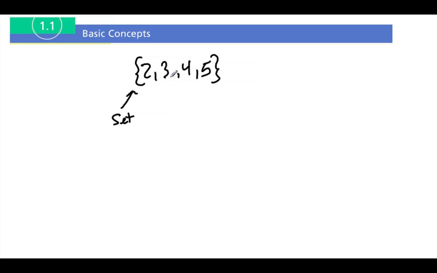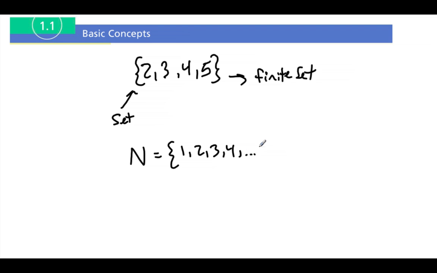Since the numbers don't go on forever, like I only have 2, 3, 4, 5, this right here is going to be called a finite set. Okay, and I'm going to show you what an infinite set looks like as well. So say I had a capital N. The capital N means the natural numbers, which are a specific group of numbers that start with 1, and then go to 2, 3, 4, and dot, dot, dot.